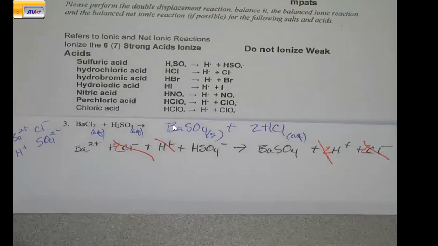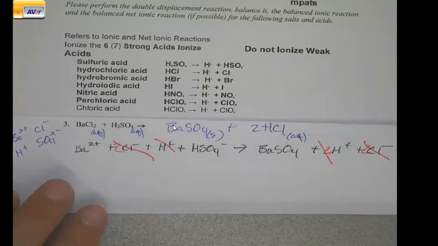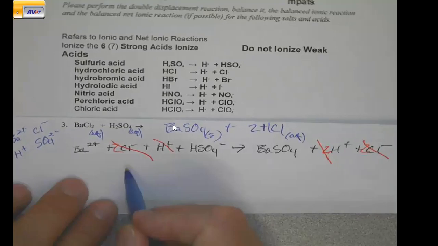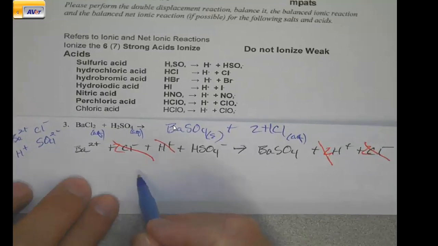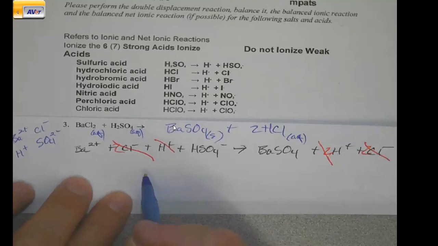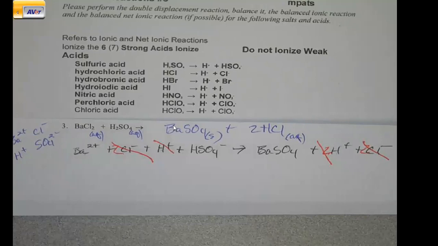Okay, so starting with the cation, let's write the net ionic reaction. So can somebody else do that? Ba2 plus, thank you.